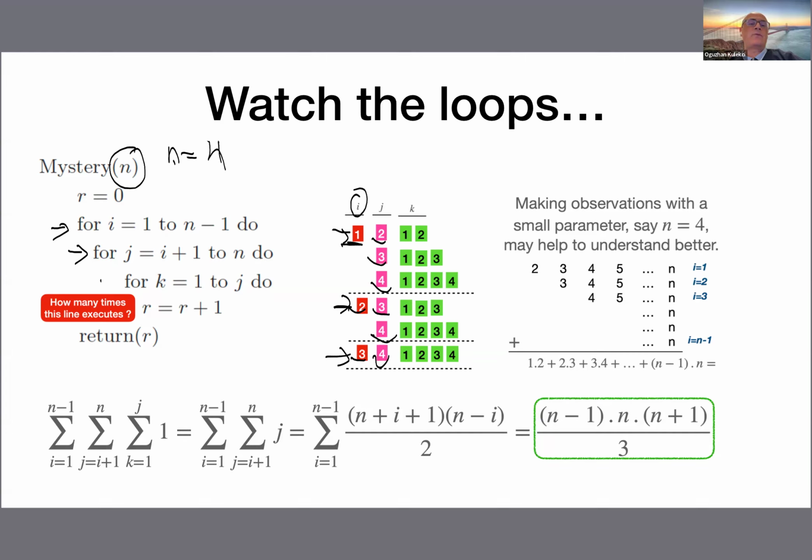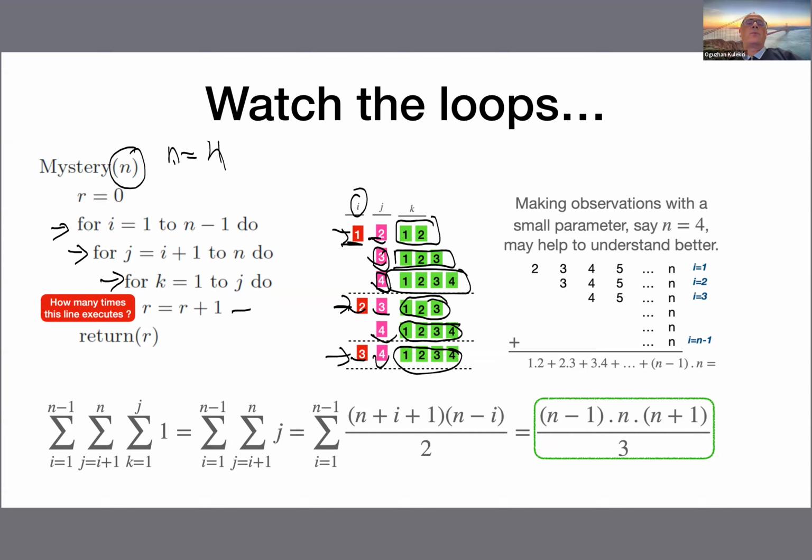And then I come to the third for loop that tells me that k will take values from 1 to j. So when j is equal to 2, it can be 1 and 2. When j is equal to 3, it will be 1, 2, 3. When j is equal to 4, it will be 1, 2, 3, 4. Okay, and similarly for 3, 4, and 4.